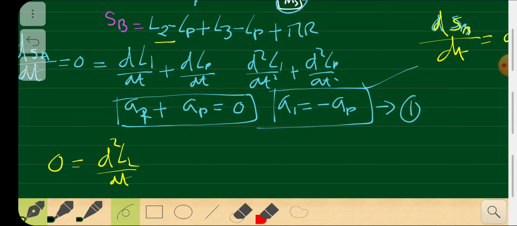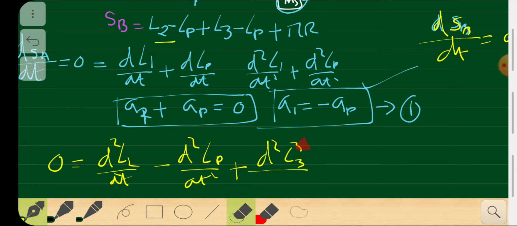If you want d²L2/dt², taking the second derivative, minus d²LP/dt², plus d²L3/dt², minus d²LP/dt², plus the other thing will be 0.